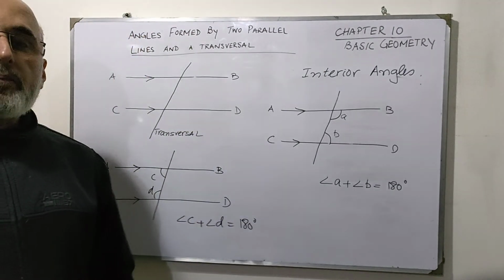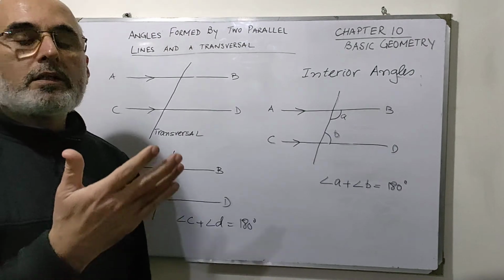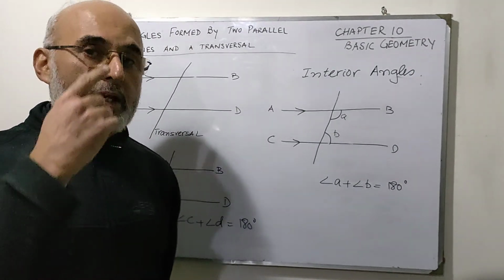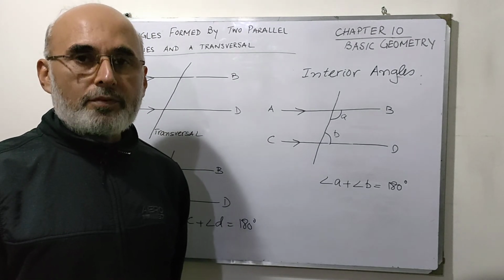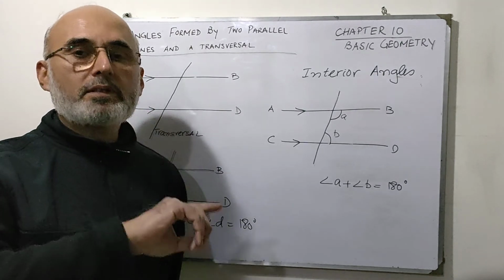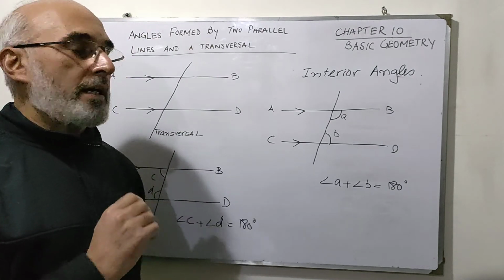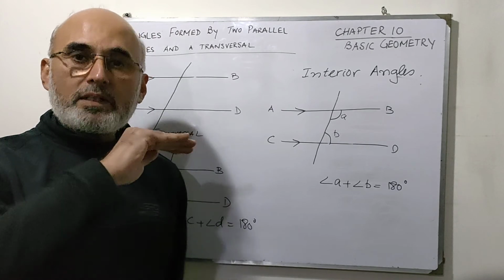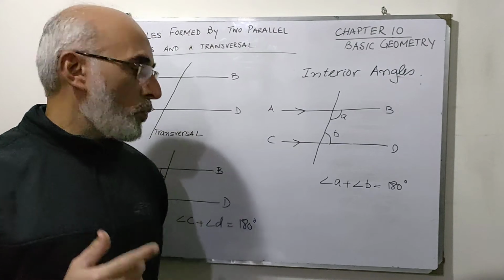So corresponding angles are on the same side of the transversal, and they occupy the same relative position, right? And we can remember with the character F. Alternate angles are within the two parallel lines but on the opposite side of the transversal, and they are equal. And the interior angles are on the same side of the transversal within the parallel lines, and the sum of these angles is equal to 180 degree.